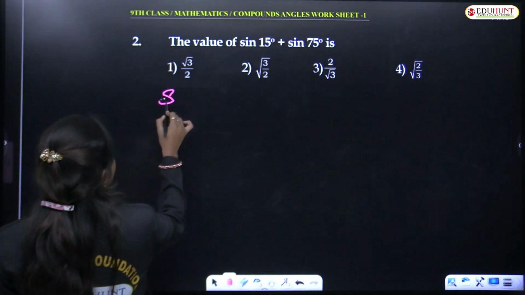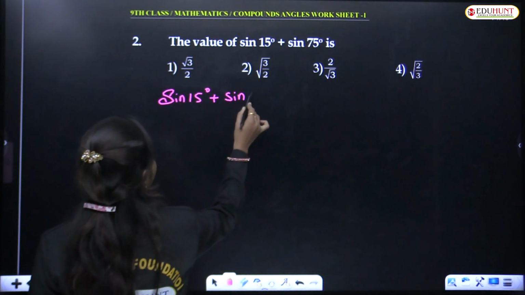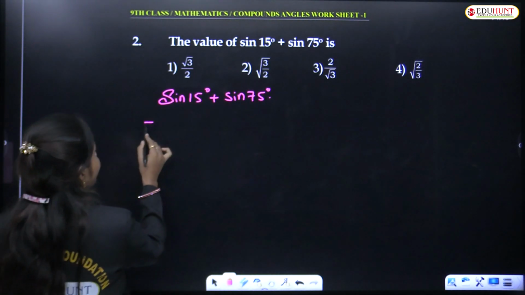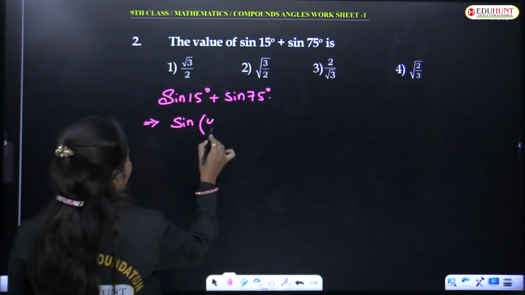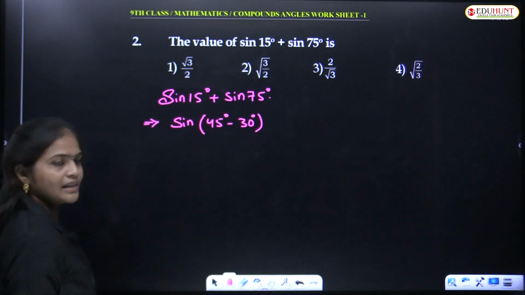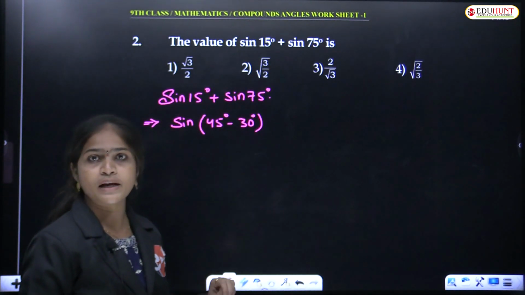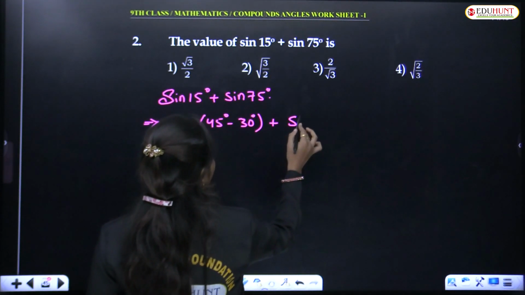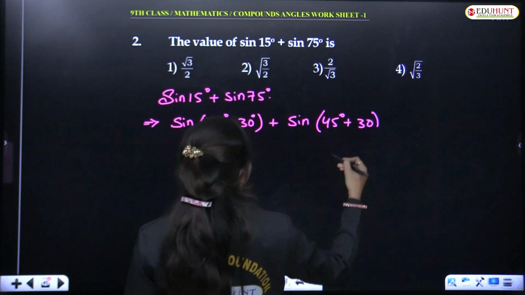So this is sine of 15 degrees plus sine of 75 degrees that they have given here. Okay, so sine 15 we can write as sine of 45 degrees minus 30 degrees. Shall we write like that? Why? Because the 45 value we know, the 30 degrees value also we know, from trigonometric ratios. Plus this one we can write as sine of 45 degrees plus 30.